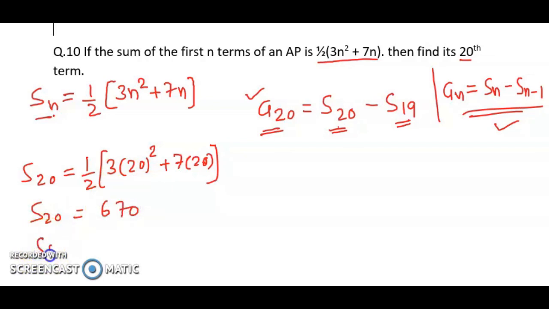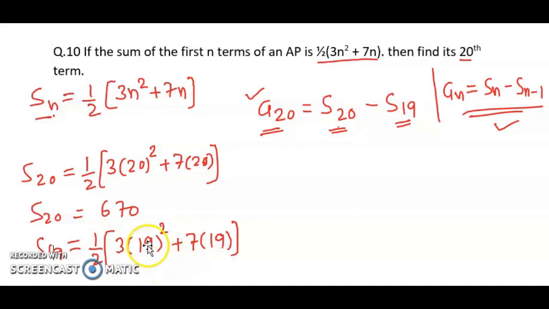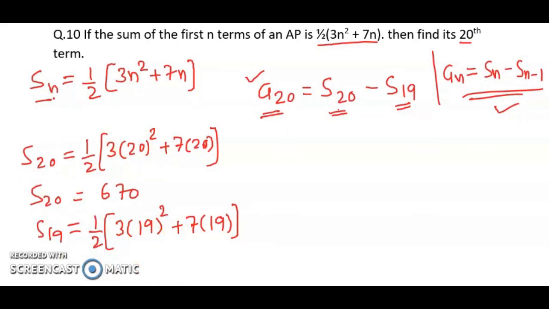And same way, to find out S19, we will replace the given n with 19. So this will be 3 into 19 square plus 7 multiplied with 19. So if you do the simplification here, you will get the sum of the first 19 terms equal to 608.